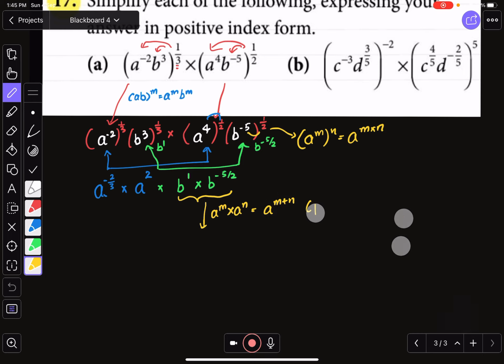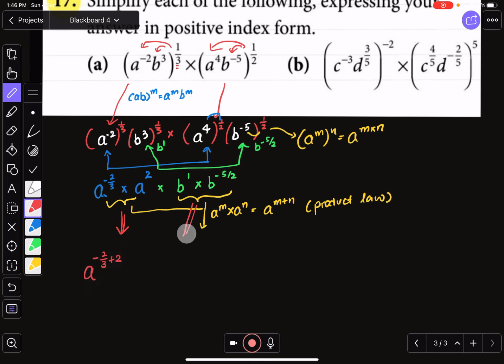This is called the product law of indices. I will be using the same law for both. So this gives me a to the power of -2/3 plus 2, and b to the power of 1 - 5 over 2.